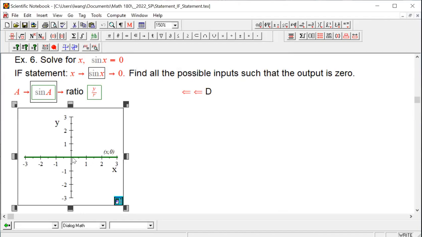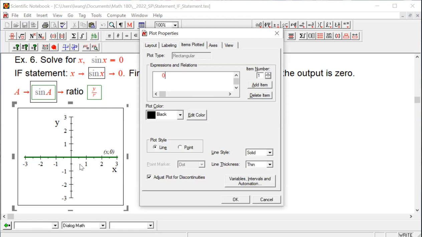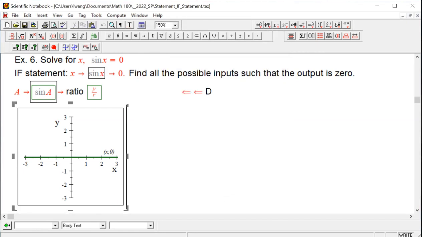So either the terminal from standard position is over here or over there. In either case, these are the two terminals that will cause the sine ratio to equal 0, because in those cases, y equals 0.